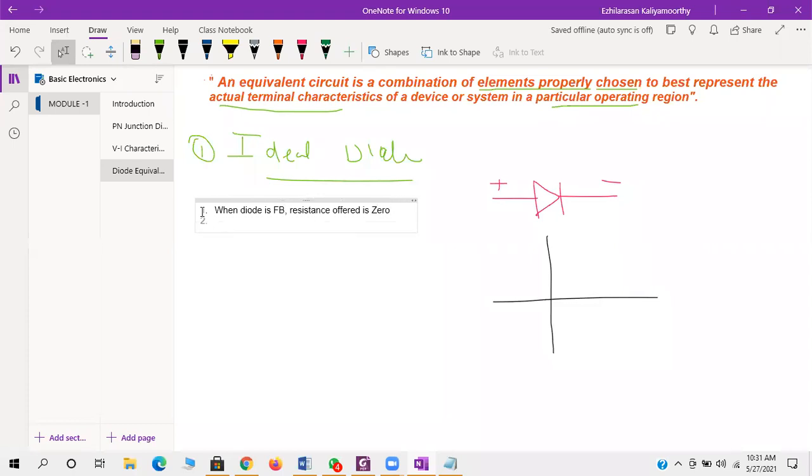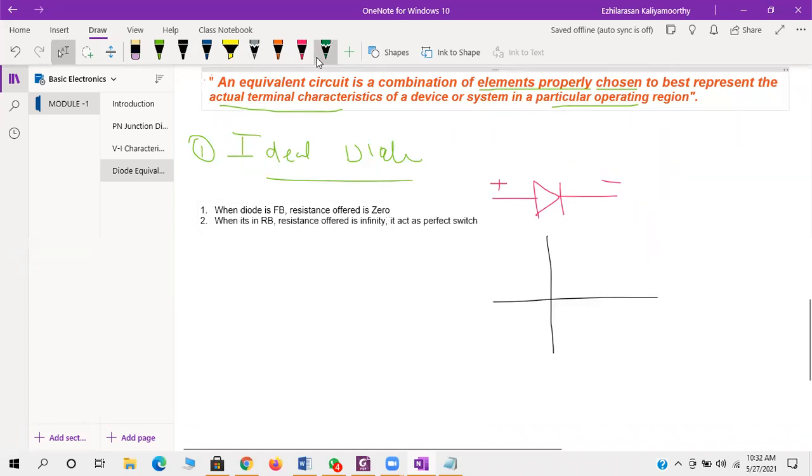Then when it is in reverse bias, the resistance offered is infinity. Then it acts as a perfect switch. This we already saw.